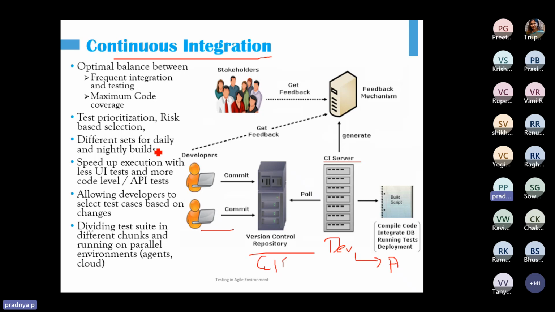So when we are creating the entire automation framework, we should be thinking about all these, how we can split our test cases, how we can customize our test cases to run in different cycles in a different manner, right? Can we have small chunks of different test suites which we can run in parallel, from remote environments, on the cloud, through different agents?